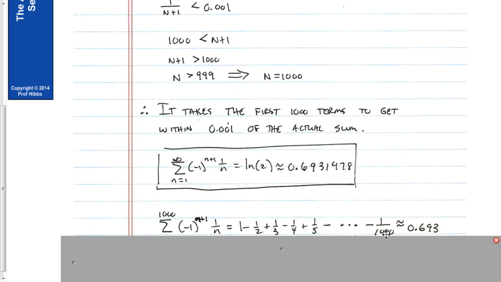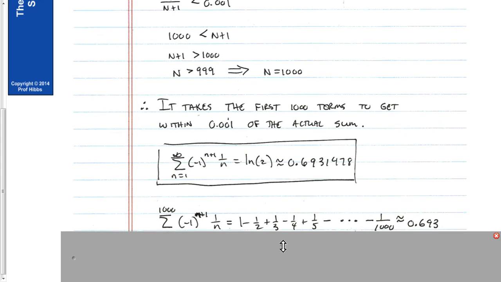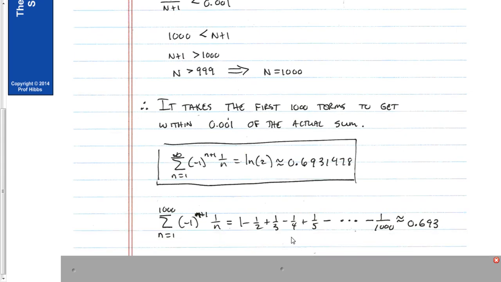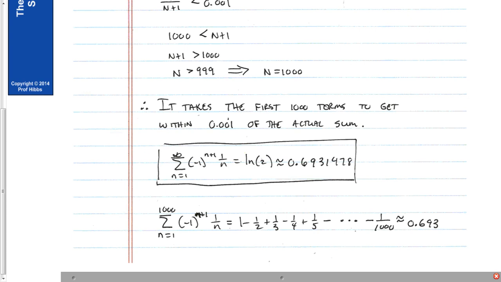And if I add up those first 1000 terms, and I can't tell you that I did that with my calculator, I used something fancier, but I got about 0.693. Okay, well, it matches the first 3 decimal places. So going 1000 terms gives us a reasonable accuracy, and certainly we're within 1/1000th. The question just asked how many terms, and so the answer here would have been 1000.